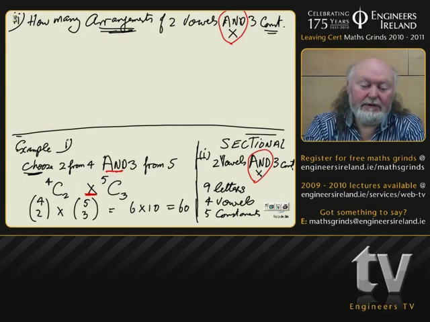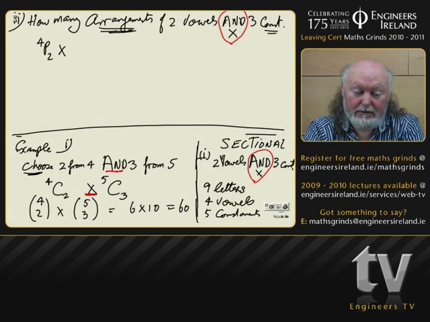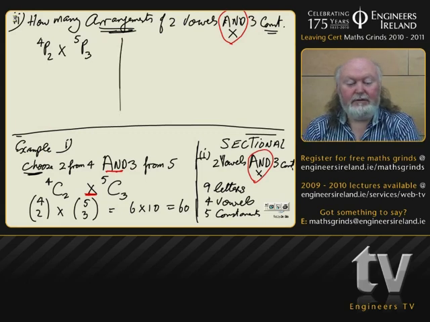We're looking at arrangements. We could say that we're going to look at 4P2 multiplied by 5P3. That's one way, and that'll give you an answer, of course, the right answer.